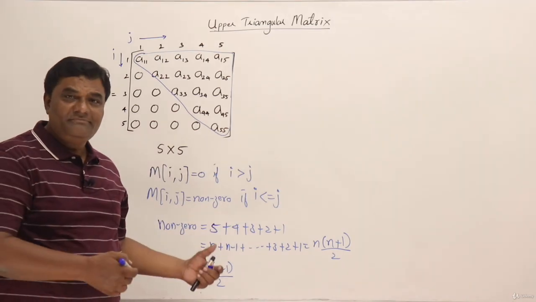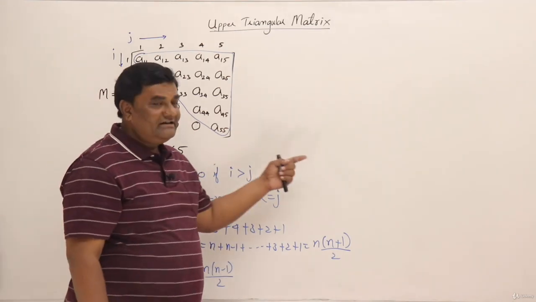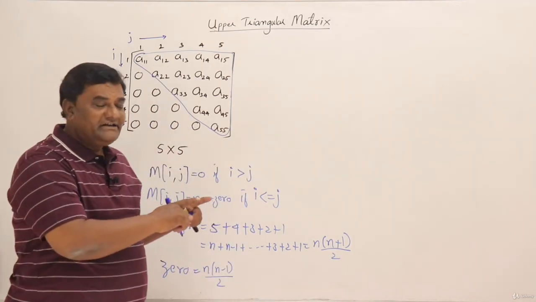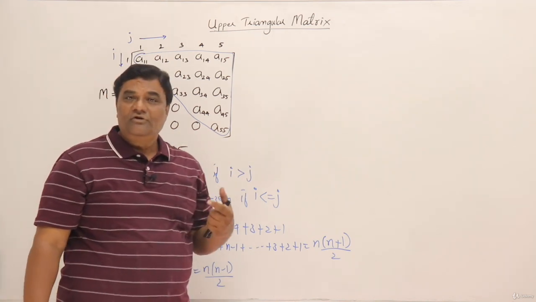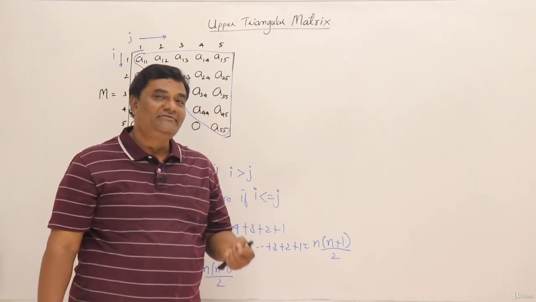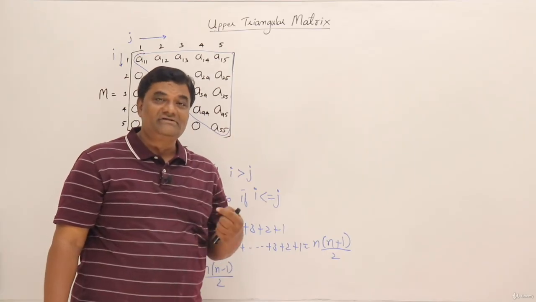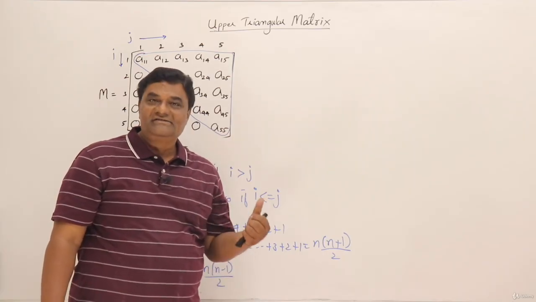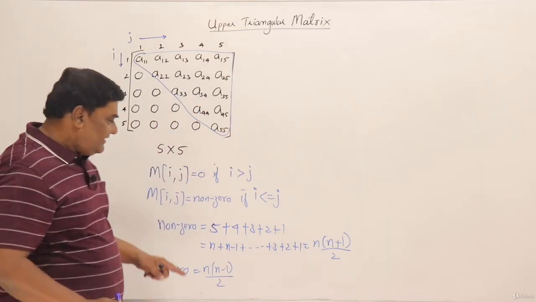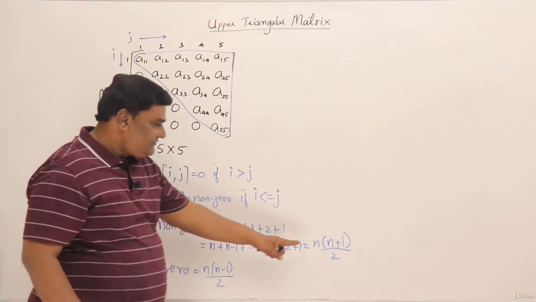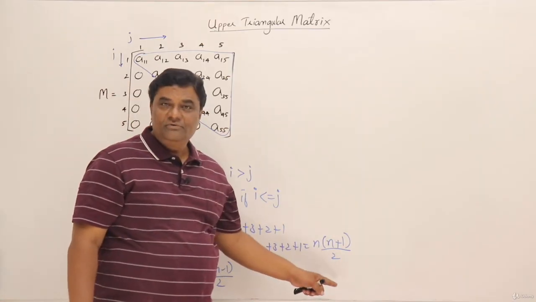Now next, how to represent this in a single dimension array. We will not be taking a two-dimensional array and filling it with these many zeros. We want to avoid storage of zeros so that we can save some space as well as processing time. So let us take a single dimension array. What should be the size of the array? It depends on the number of non-zero elements, that is n into n plus 1 by 2.